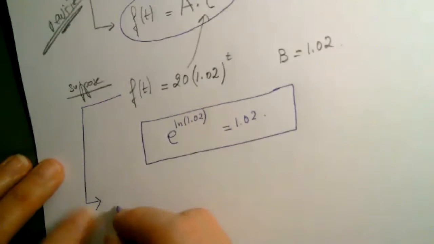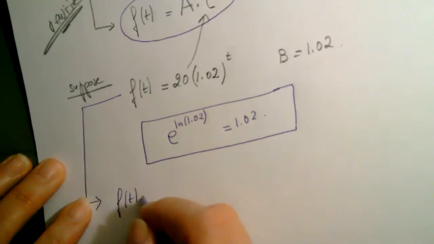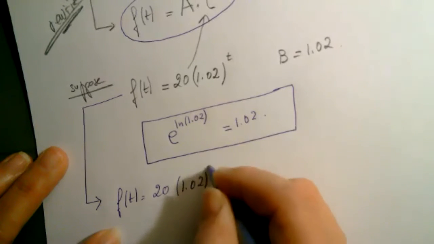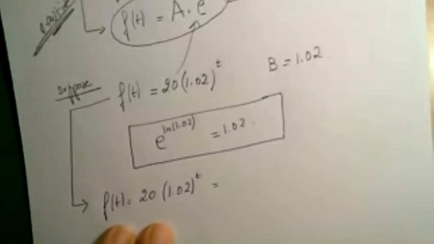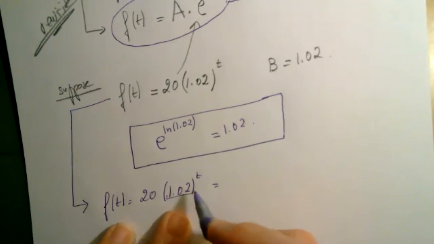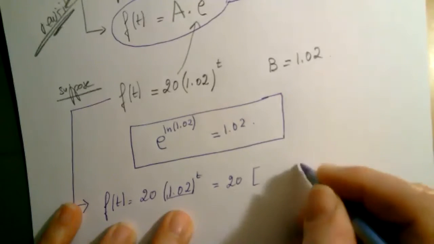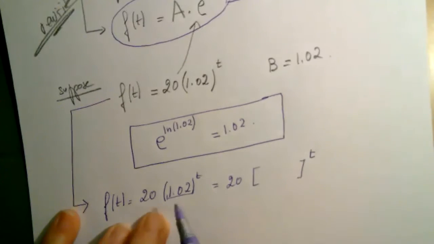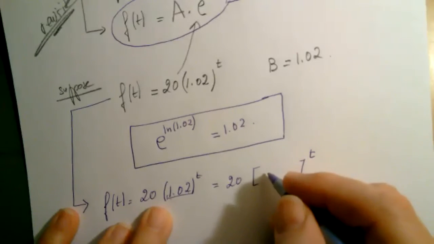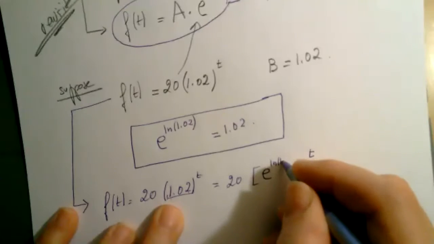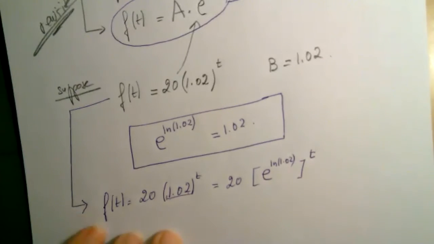So this is my function f, 20 times 1.02 to the power t. Instead of 1.02, because I said I'm going to bring e into the picture, I will write it as e to the ln of 1.02. So I'm rewriting, I am not really changing anything at all.